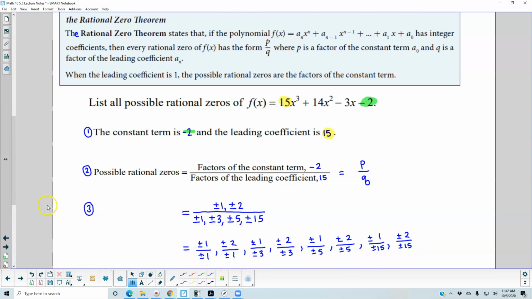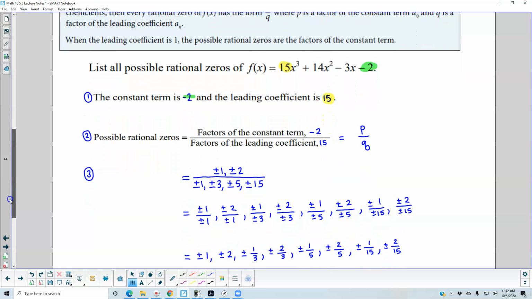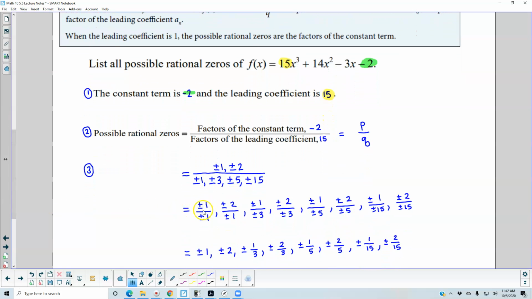So now we can just rewrite them in simplified form. And what I mean by that is plus or minus 1 divided by plus or minus 1 is plus or minus 1. Plus or minus 2 divided by plus or minus 1 becomes plus or minus 2. This becomes plus or minus 1/3. This becomes plus or minus 2/3. Plus or minus 1/5. Plus or minus 2/5.